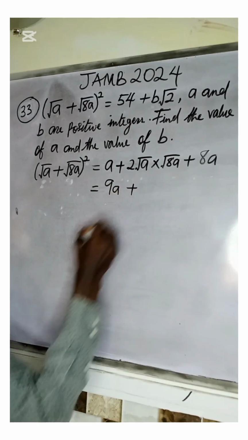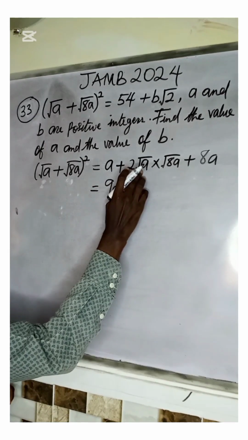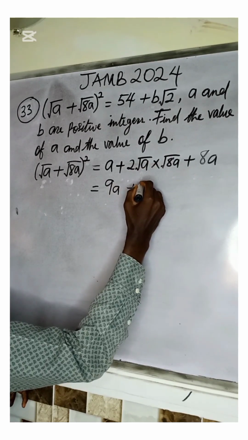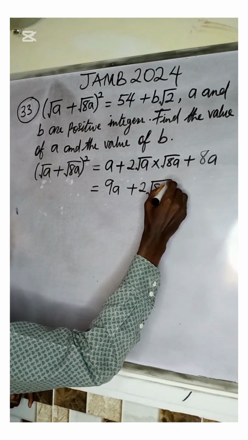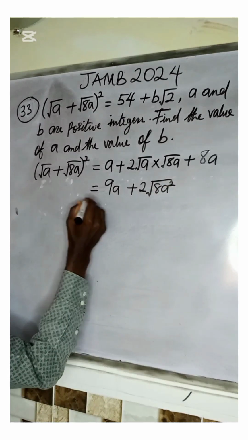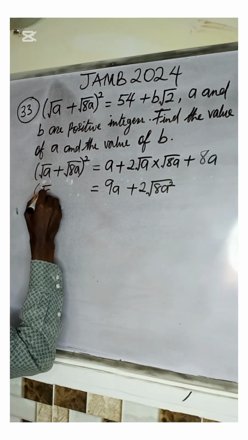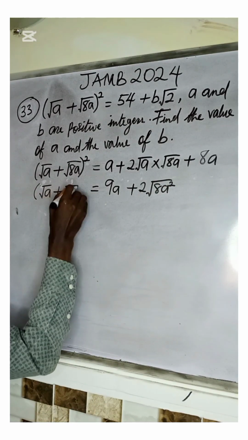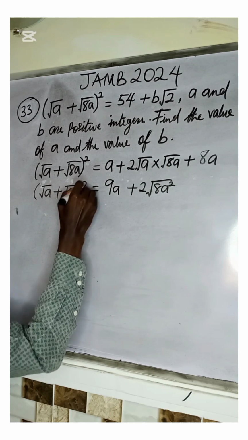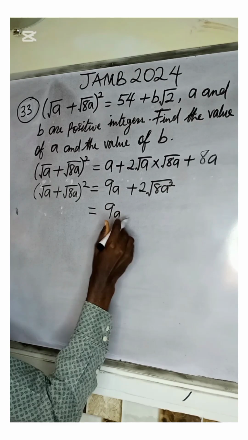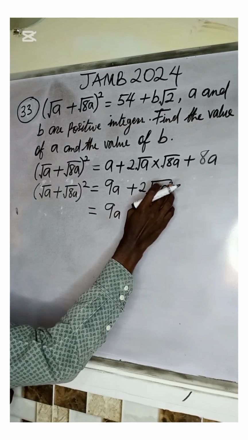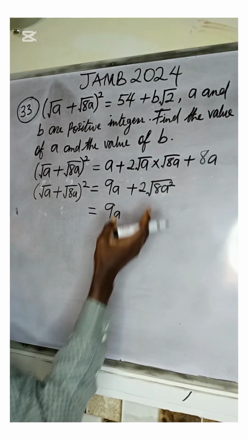Then plus, we can multiply this by this. So we have 2 into √(8a²). This is still us trying to simplify this side. Then equal to 9a. Now the square root of a² is a, so that will go out of the radical.